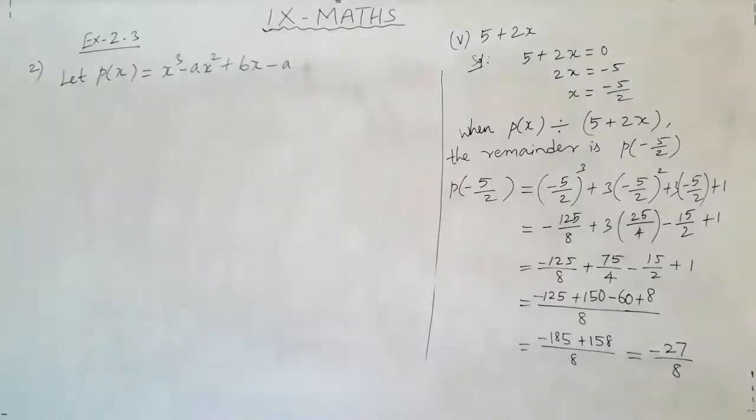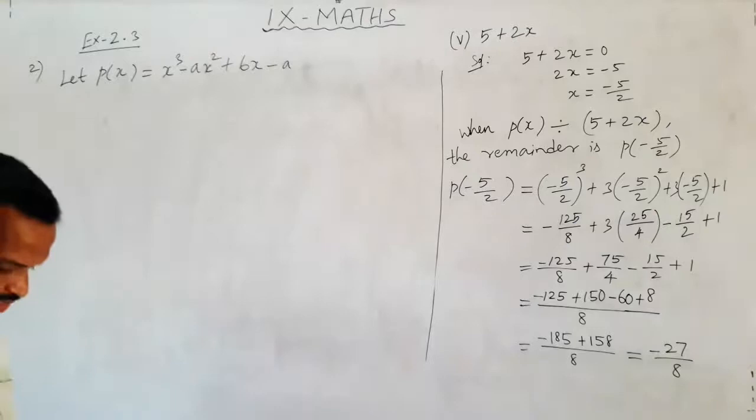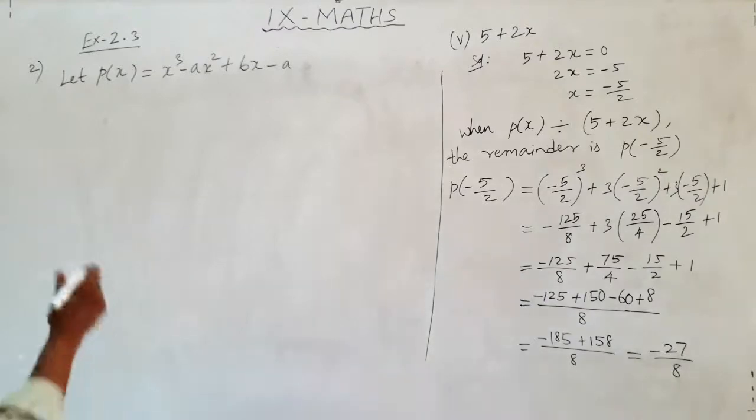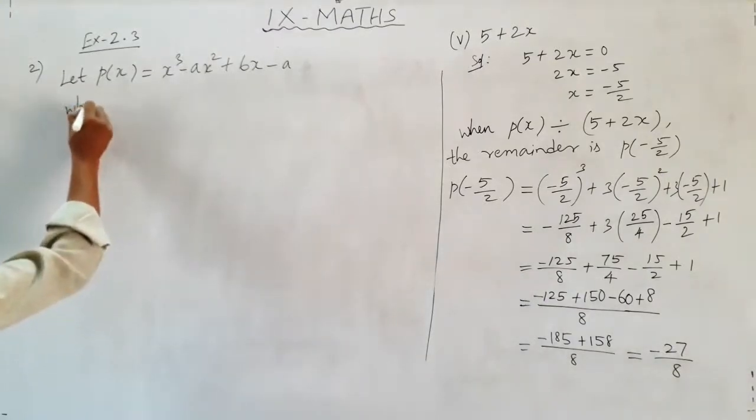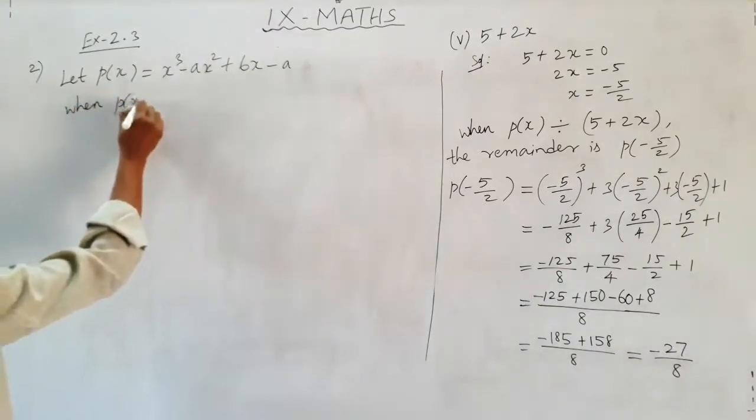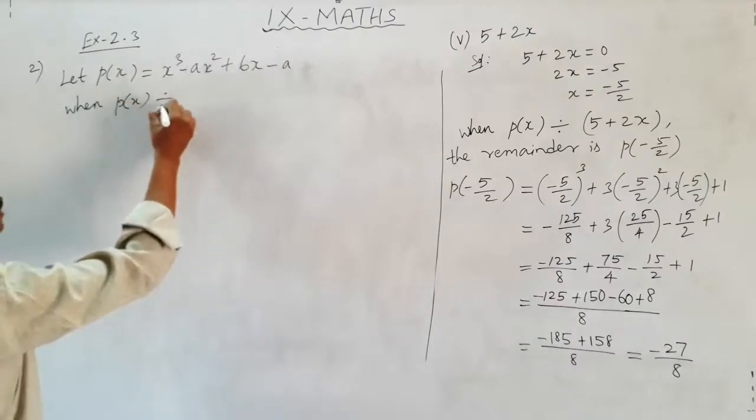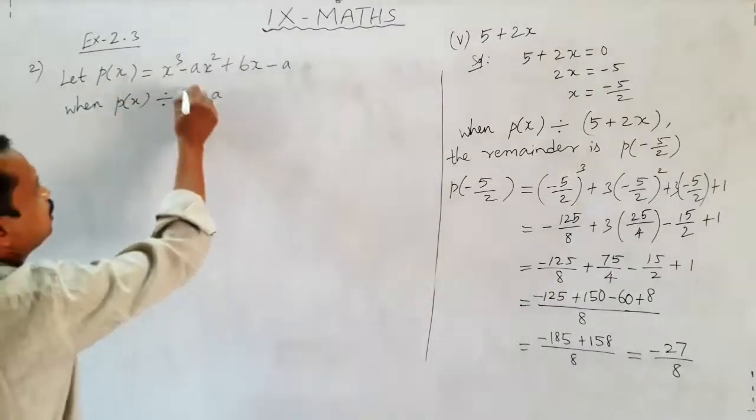So this is the polynomial given there, and I am considering the given polynomial as P of x. So find the remainder when P of x is divided by x minus a.